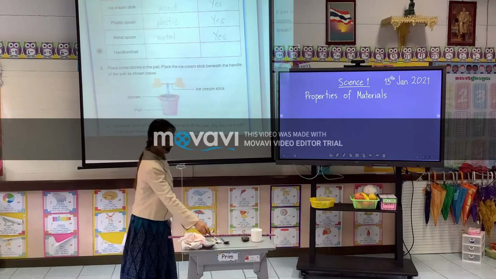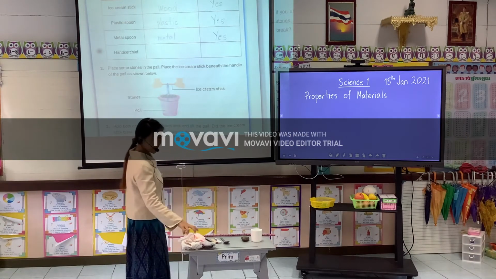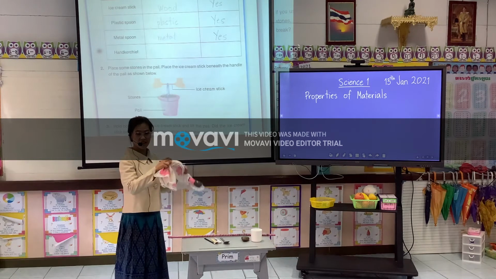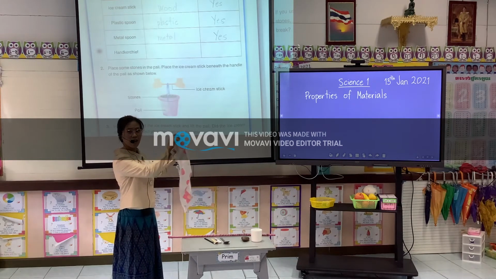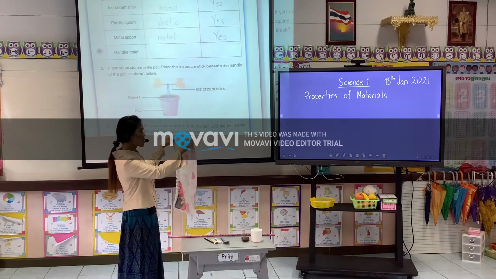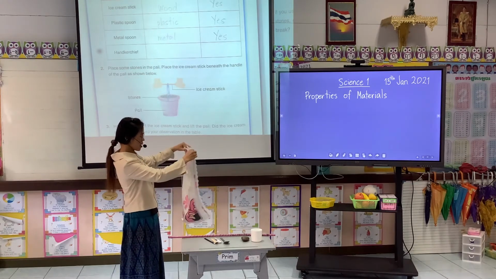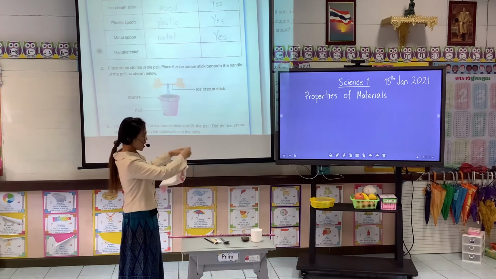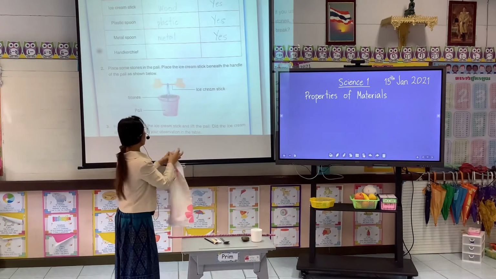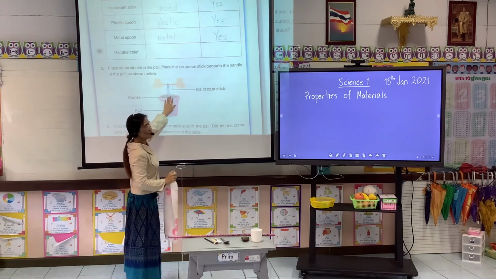handkerchief. So this time we don't have handkerchief, so we will be using this cloth. This cloth is also made of fabric. The material is fabric. So now imagine we have this pail of stone.